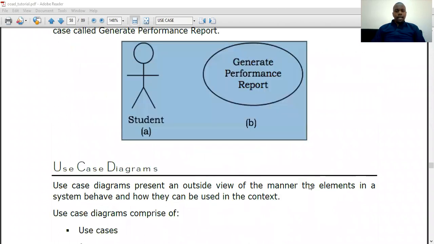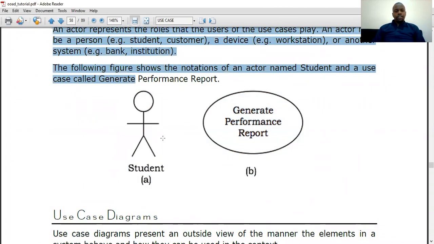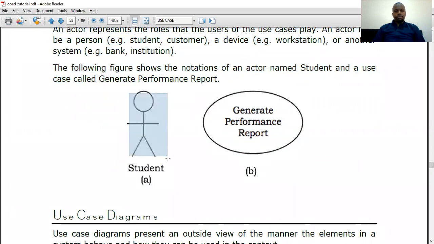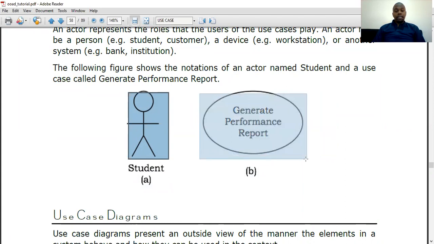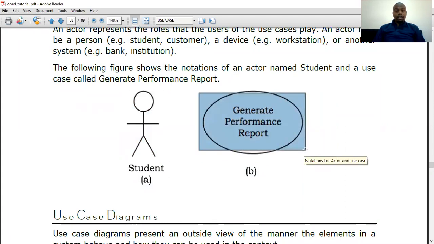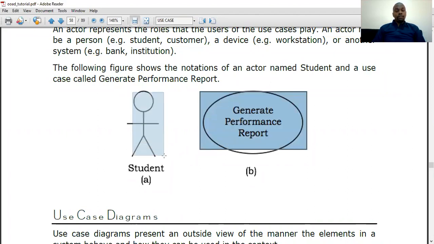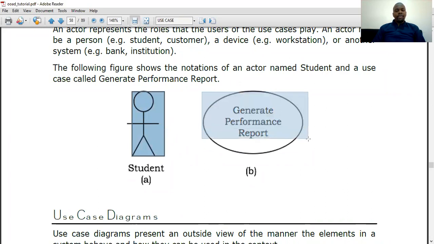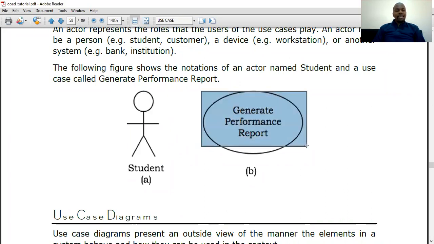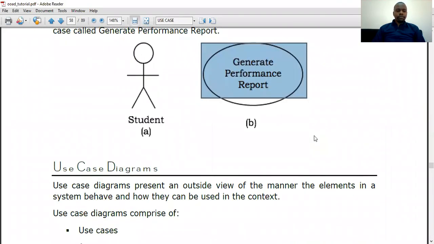We use this particular feature there to show a user of a system. And this, you remember it from DFD, right? This is basically a process or an entity or a subsystem within the system, okay? So this we use to show the user of the system, and this one we use to show the subsystem or the process that the user interacts with, okay?